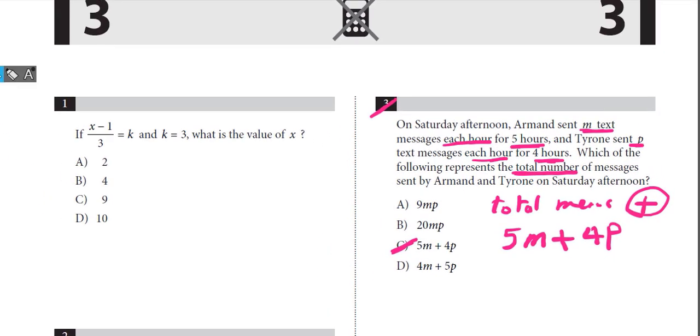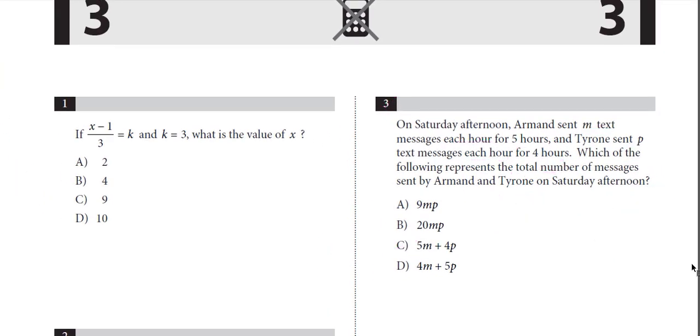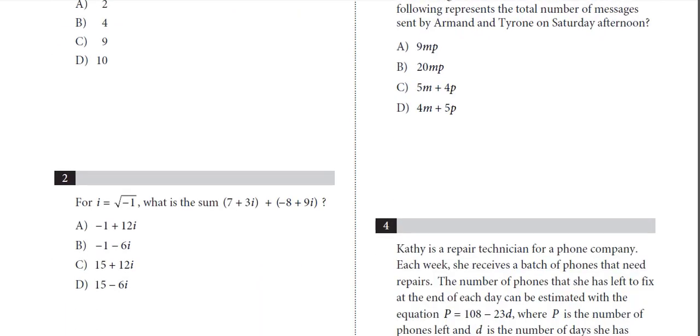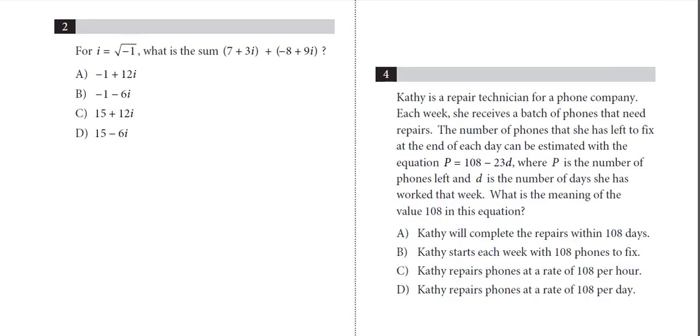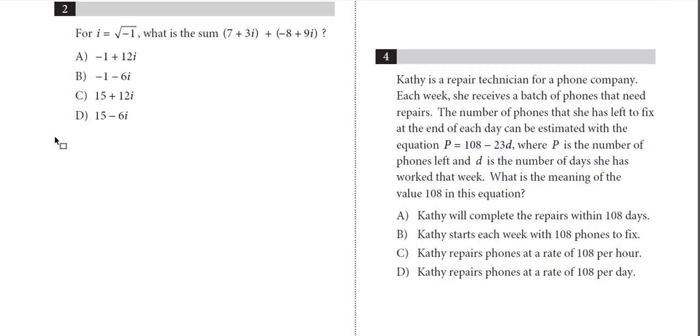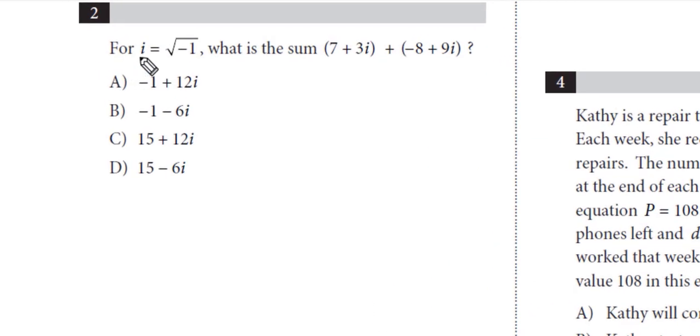If you look at number 2, what does it talk about here? Number 2 talks about, for i equal to radical negative 1, what is the sum of 7 plus 3i and negative 8 plus 9i, the sum of two complex numbers.